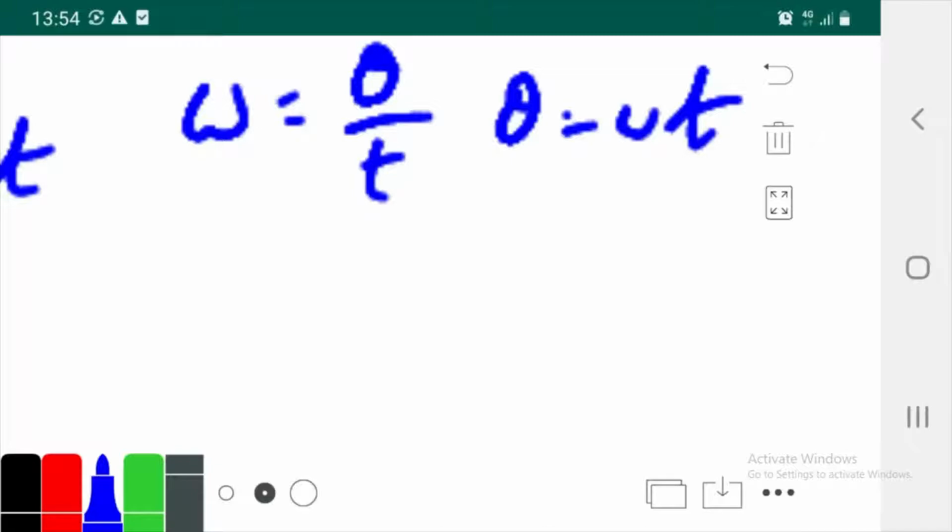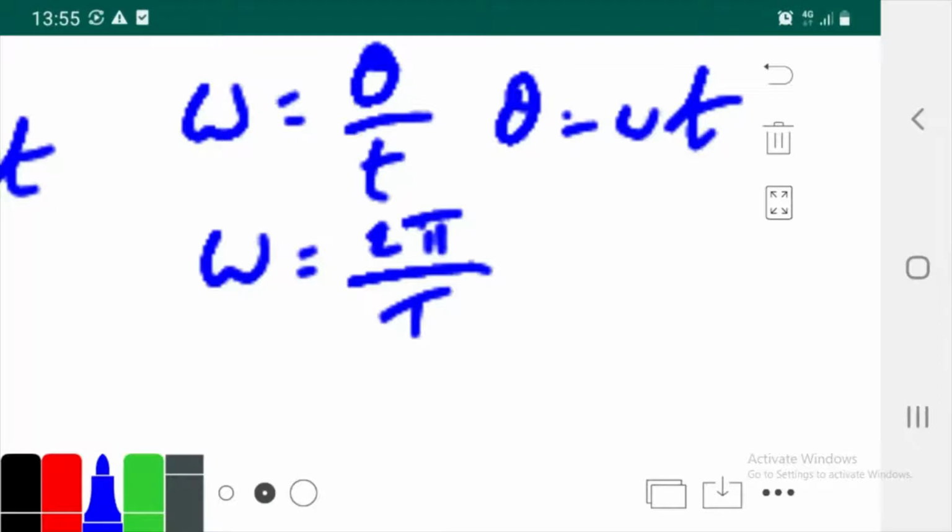Now, a bit more information on little omega. If it does one full circle, or 2 pi radians, in some amount of time, capital T, we've now got angular velocity in terms of the time period. That's radians per second. But we know frequency equals 1 over T, so we could also write this as 2 pi f and see that the angular velocity omega is some function of frequency.